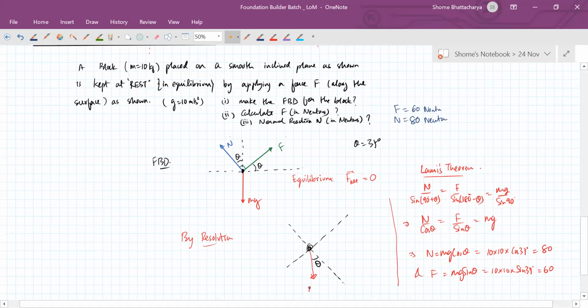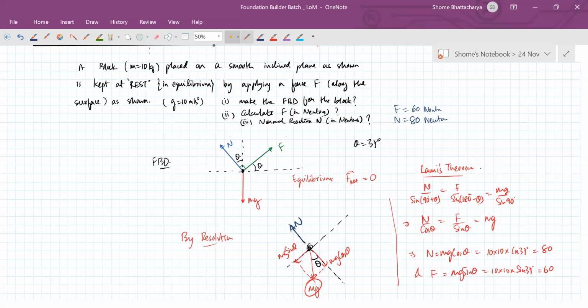So this is mg cos theta. This component will become mg sin theta. And then you have the normal reaction acting like this, and you have the external force F acting like this.